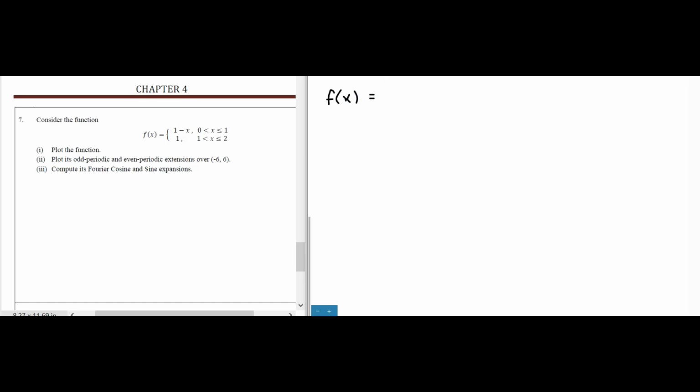So 3 over 2 divided by 2, an cos n pi x over 2. Now we have the potential values of an. So we did some work to summarize the an expressions just now.